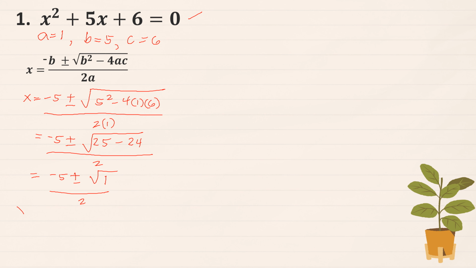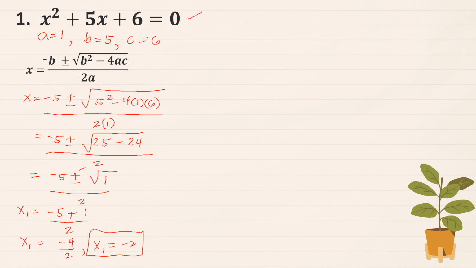This time we get our first x using the plus. The square root of 1 is 1, over 2. So our first term will be negative 5 plus 1, which is negative 4, over 2, and thus our x sub 1 is equal to negative 2.